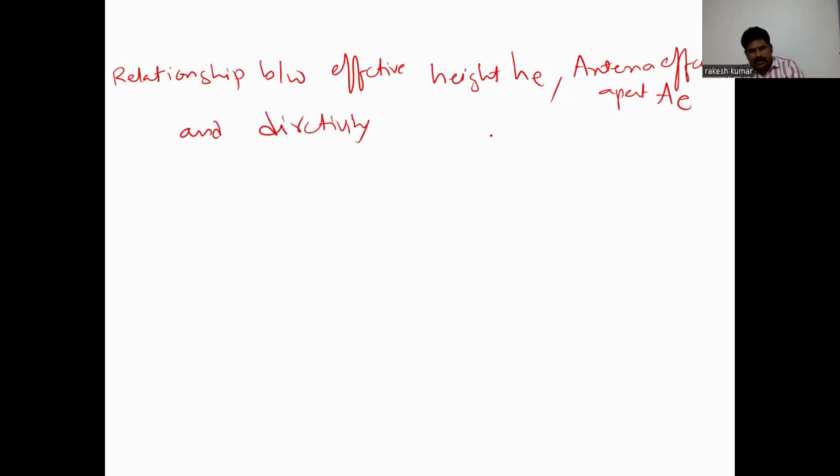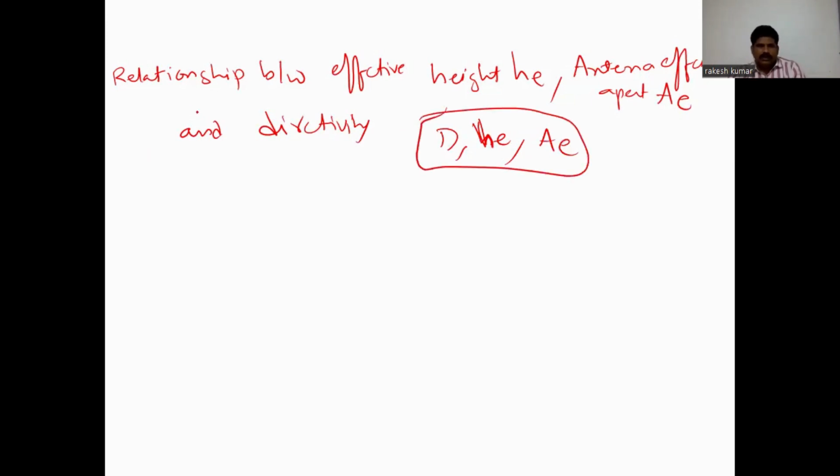So we want to bring a relationship between these three: directivity, effective aperture area, and effective height.